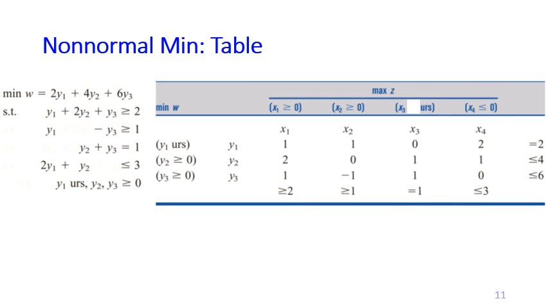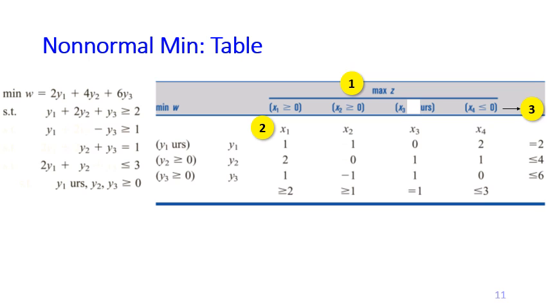Because the primal is minimization, the dual is maximization. And because we have 4 constraints in the primal problem, the dual will have 4 variables, x1, x2, x3, and x4. Now for the sign restrictions, let's see.